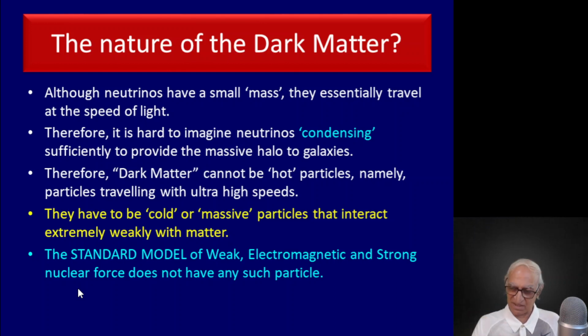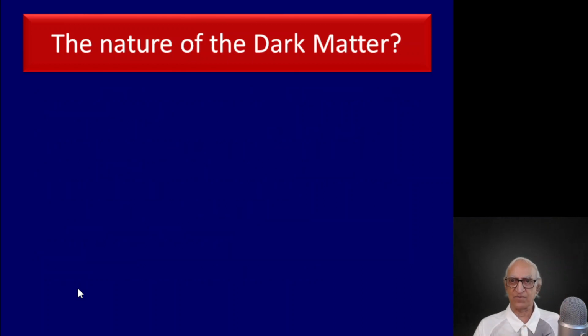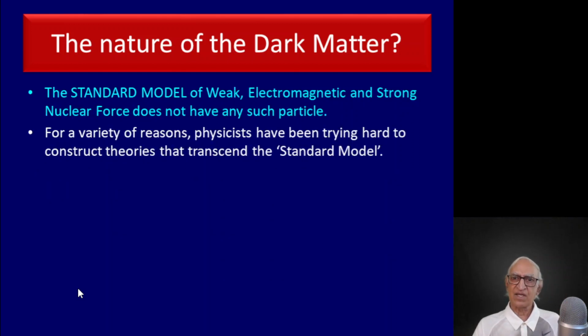There just aren't. Therefore, if you were to look for an elementary particle with these properties, you must look beyond the standard model. Now, it turns out that for a variety of reasons, for the last 20 or 30 years, physicists have been trying hard to construct theories that transcend the standard model.